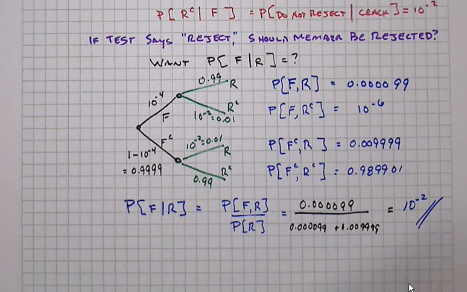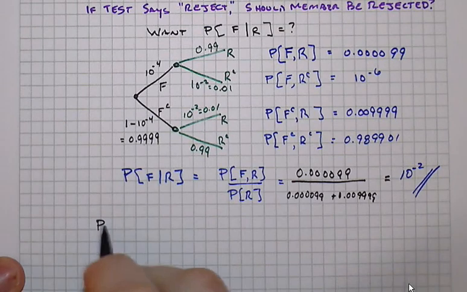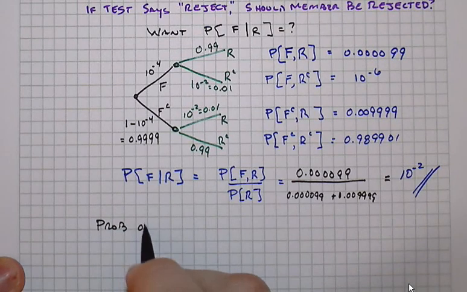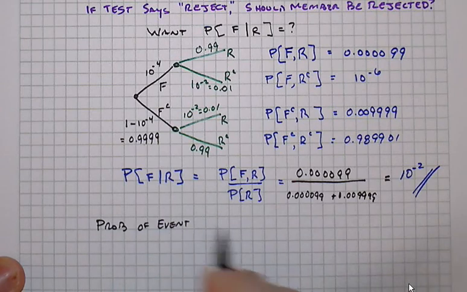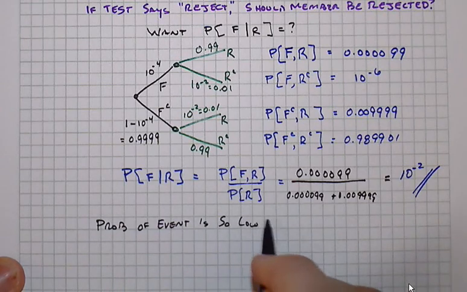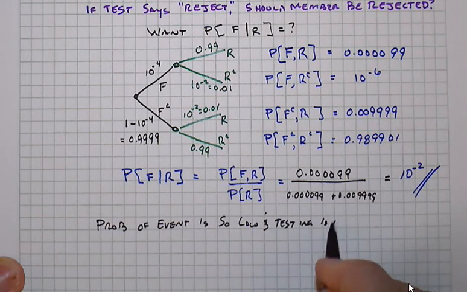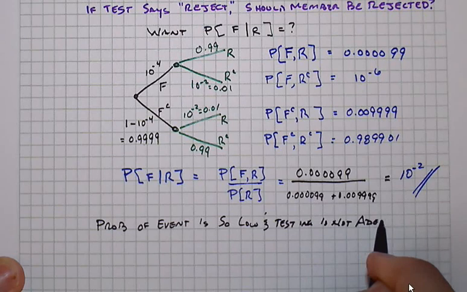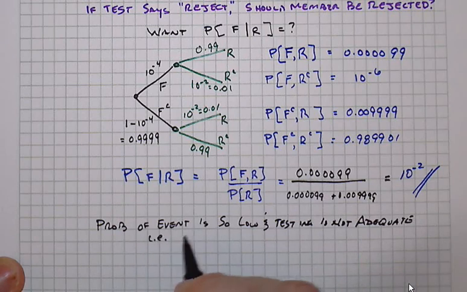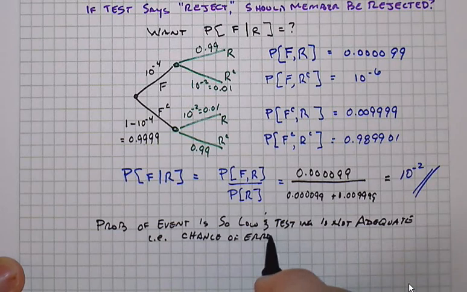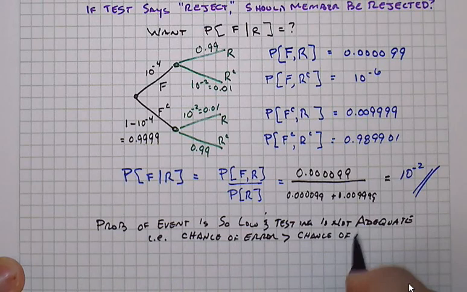That's not so good here. And what's really going on is that the probability of our event is so low, and the testing is not adequate. That's because the chance of error is larger than the chance of the rare event.